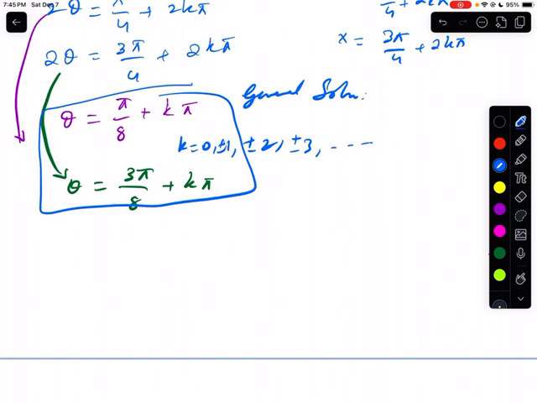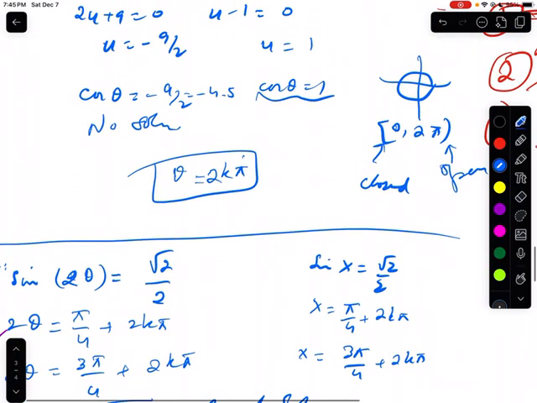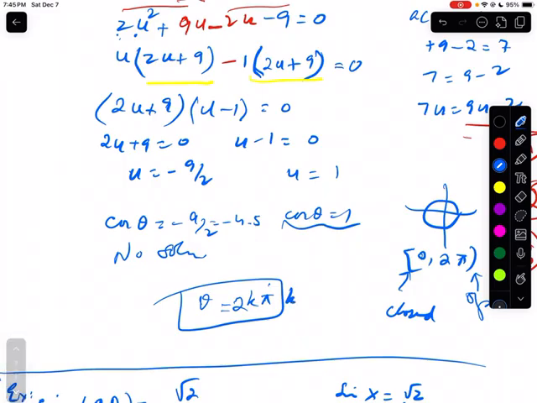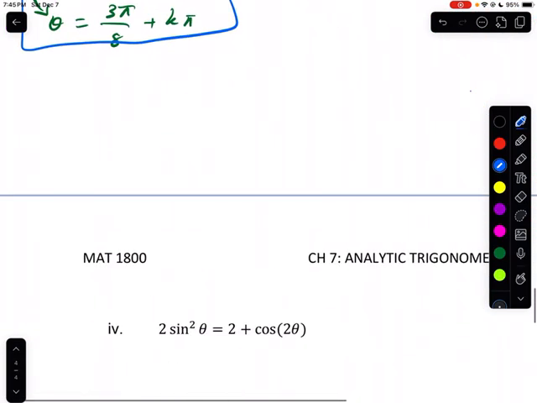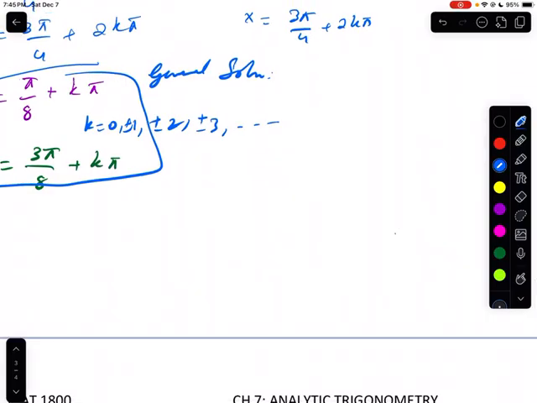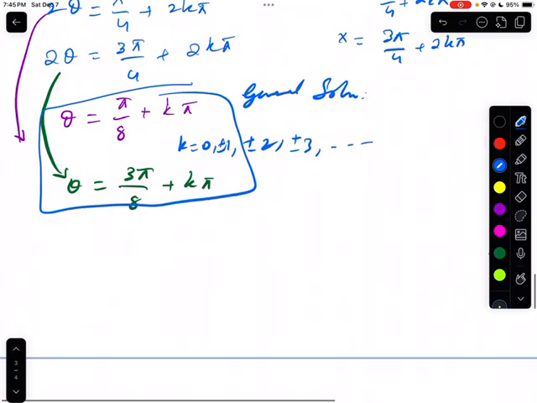So I have to do that as in the previous example, so here k will be equal to 0, plus or minus 1, plus or minus 2, and so on. Okay, so now for the primary solution, we will just plug in the values of k, but we will only use the positive values.